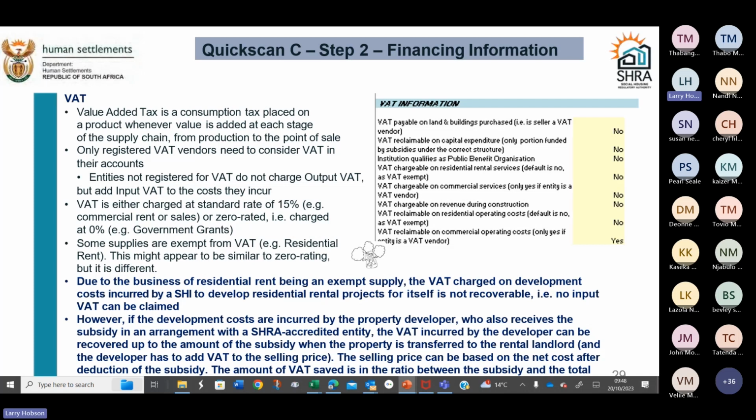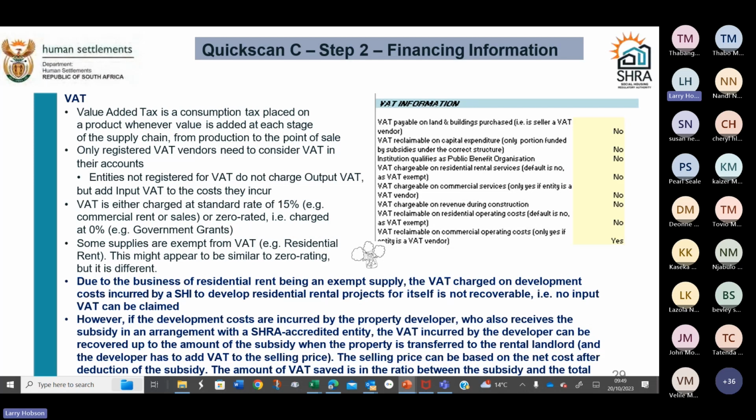So the receiver gets their pound of flesh right at the end when the VATable product is done, which in a development scenario, the property developer would be paying output VAT when they sell the project on to the social housing institution. But there's a way of selling that at the net cost, so you save a whole lot of VAT.